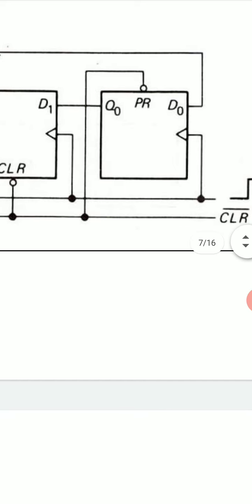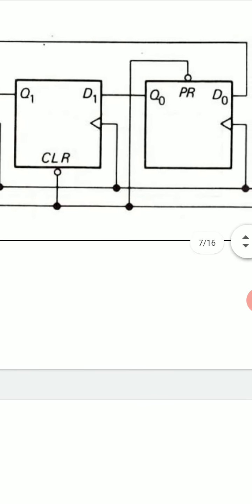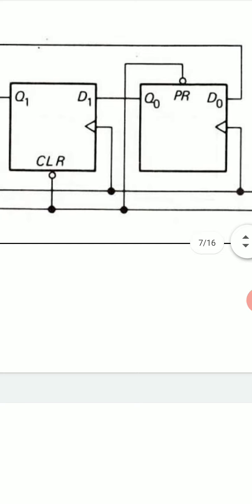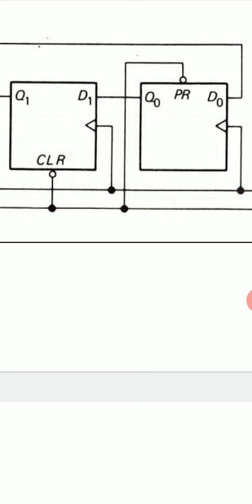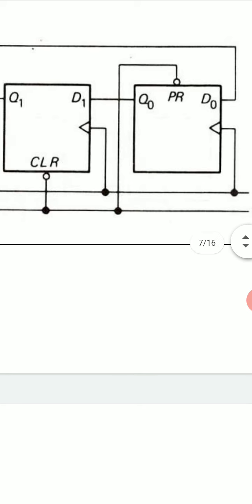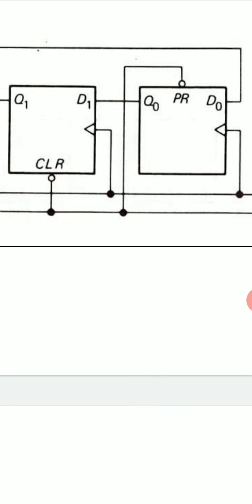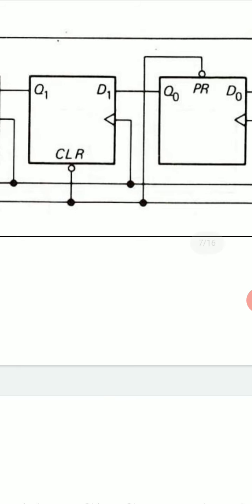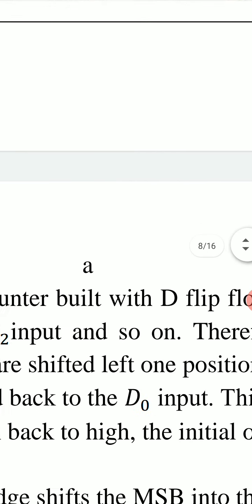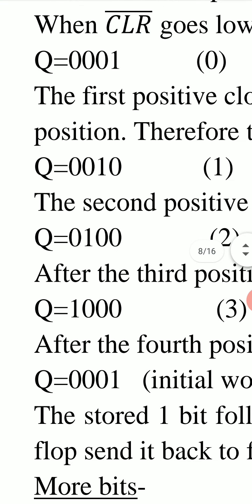Q0 was initially 1, so D1 will become 1, and at the next positive clock edge this Q1 will become 1, and we have this word 0010.